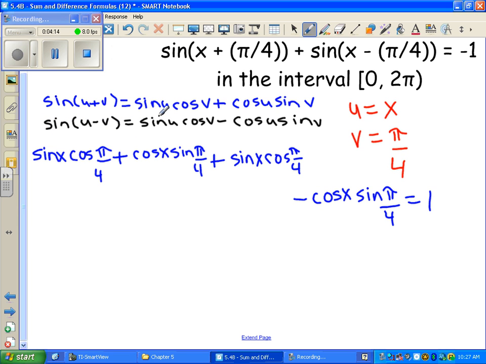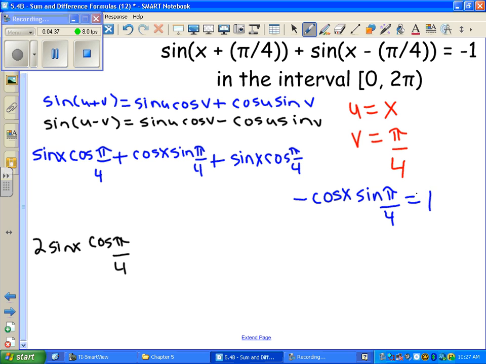Looking at this, I see where I have some like terms that I can combine. So for my next step, I'm going to combine my like terms. I have 2 sine x cosine pi over 4, and notice that my cosine x sine pi over 4, I have a negative.